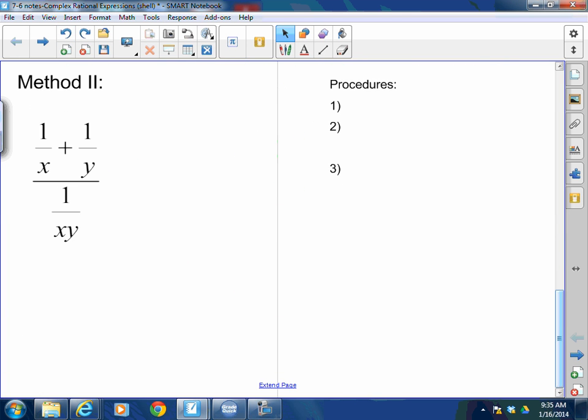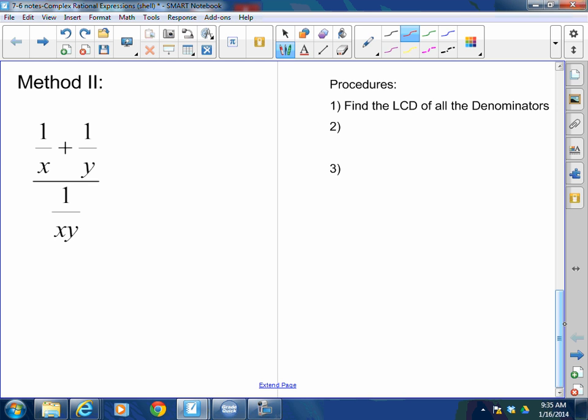Let's look at method 2 here, guys. Method 2. Find the LCD of every denominator. We're just going to do this now in one color, black, because we're doing it all together. What's the LCD of every denominator? xy.